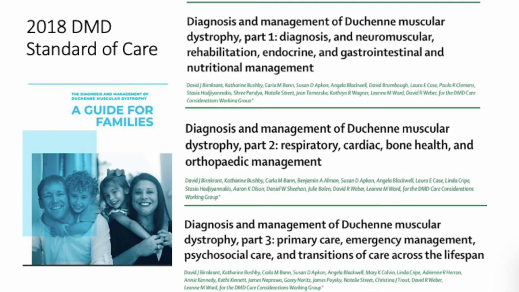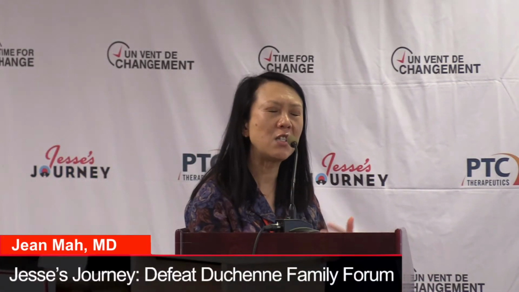I would ask you, if you haven't already done so, to Google Duchenne Guide for Families 2018 Standard of Care, because it has a lot of very useful information written in a way that makes it easy for us all to understand how to do the best to help maintain function.